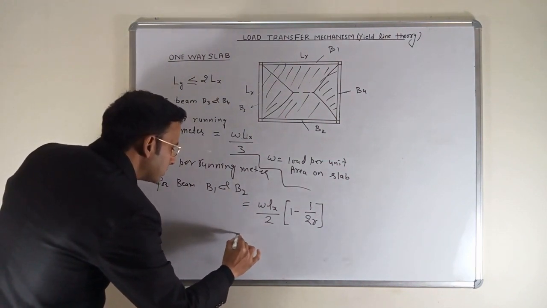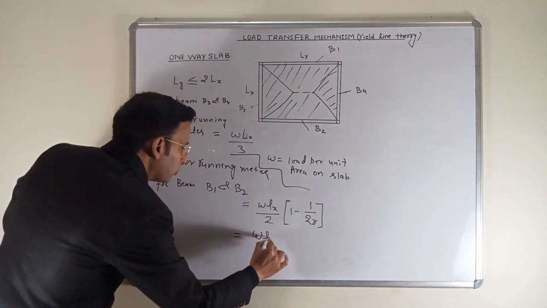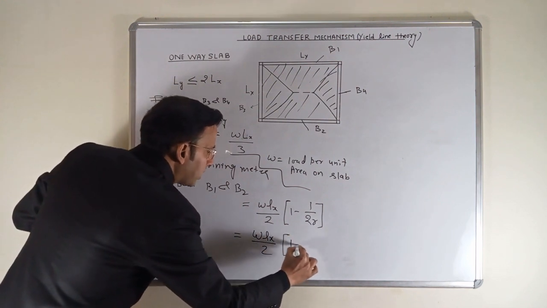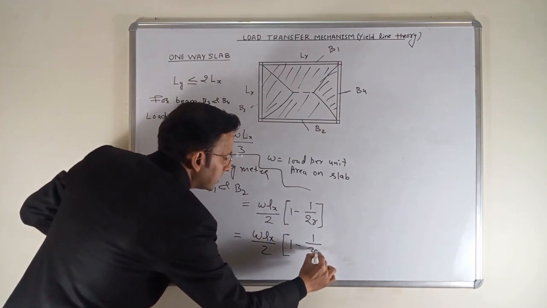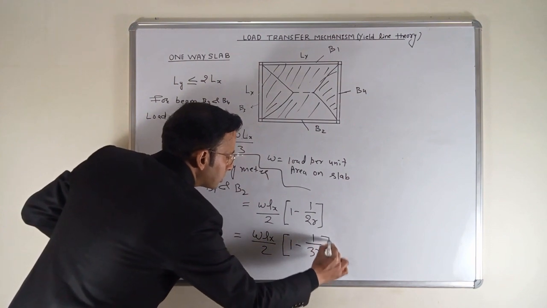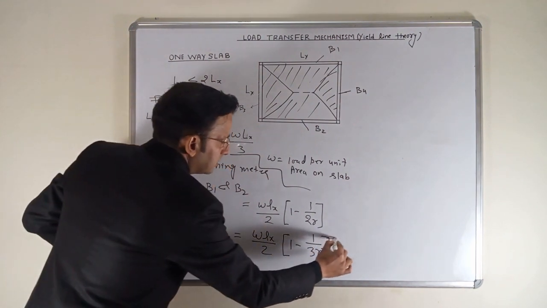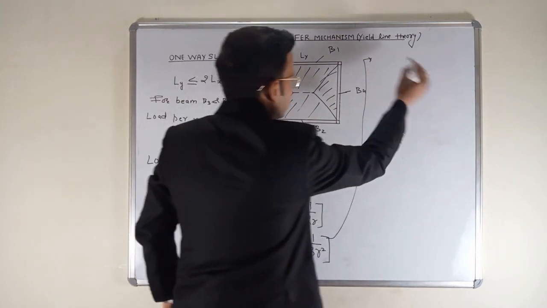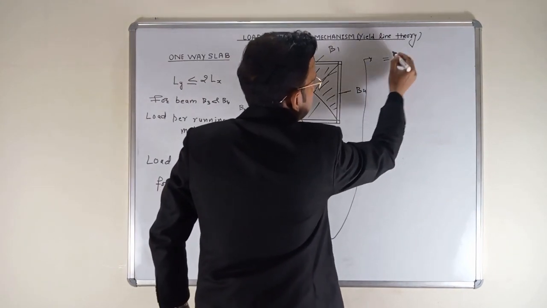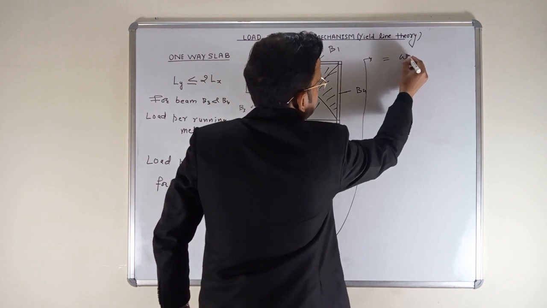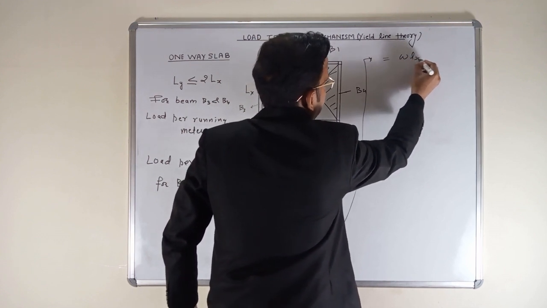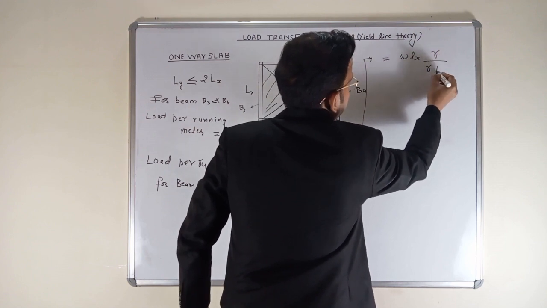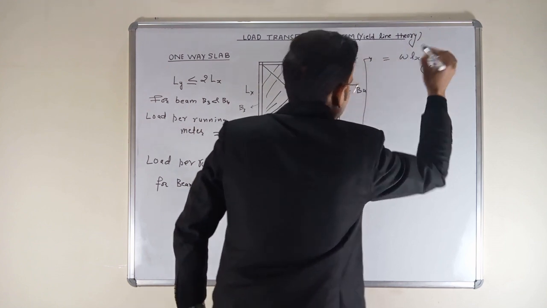Second formula is W Lx upon 2 times (1 minus 1 upon 3R square). And third formula is W Lx R upon (R plus 2).